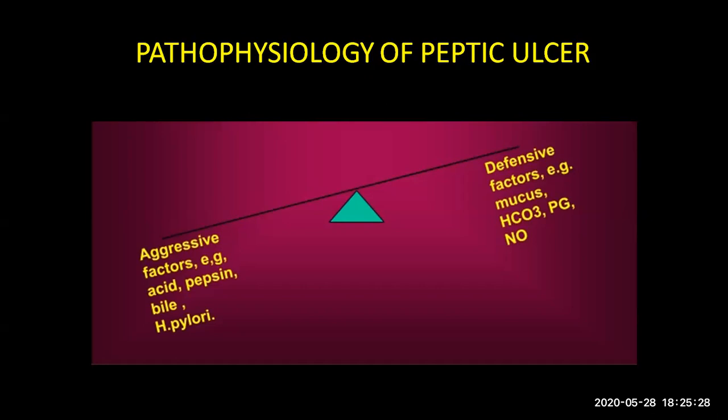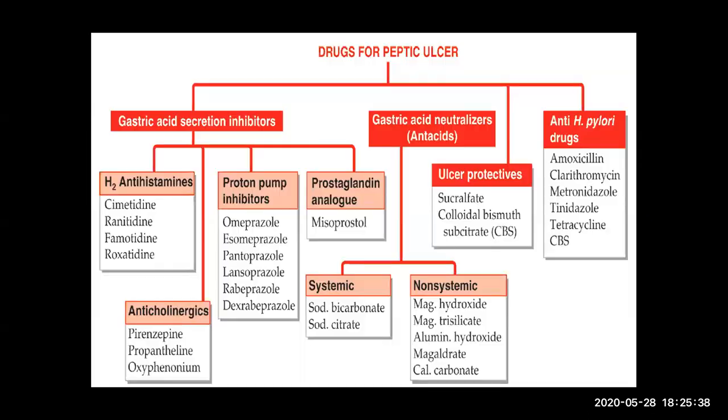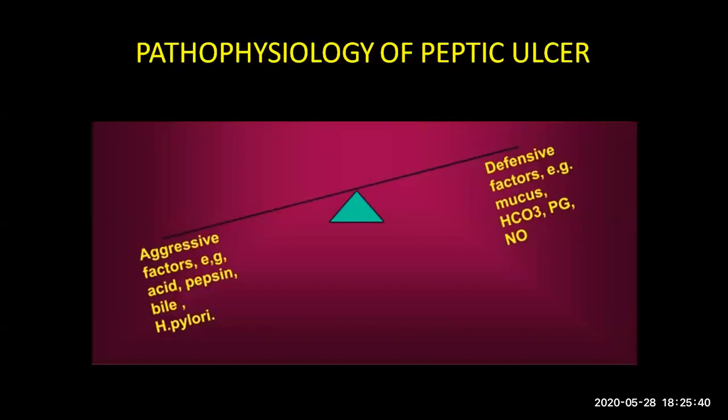Defensive factors are like mucus, bicarbonate, prostaglandins, and nitric oxide. When there is an imbalance between these two factors, there is the formation of peptic ulcer. So we have to address this pathogenesis to either reduce the aggressive factors or to increase the defensive factors in our treatment for peptic ulcer.